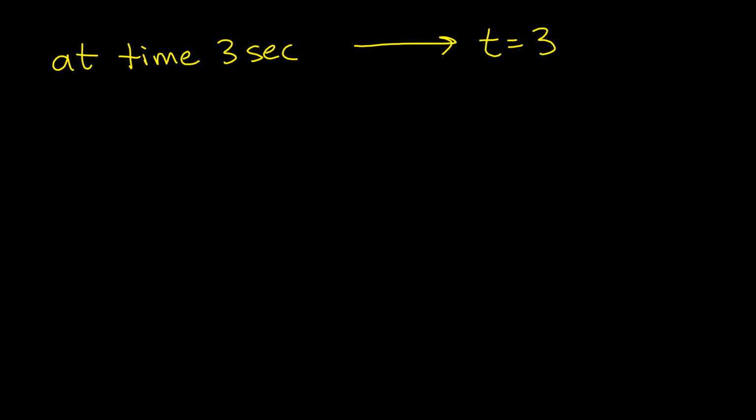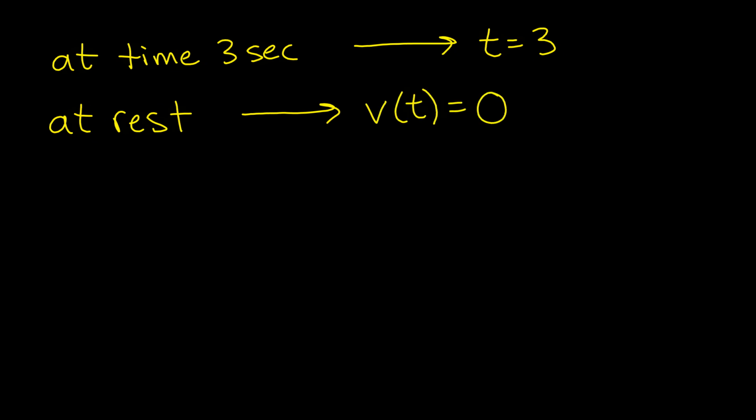We could also say that if my object is at rest, you see this a lot, that only tells me one thing, and that tells me that my velocity function is equal to 0. We don't know the time, but we know that I'm not moving, so I'm not changing my position, right?